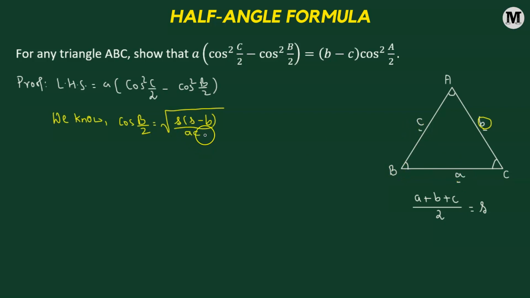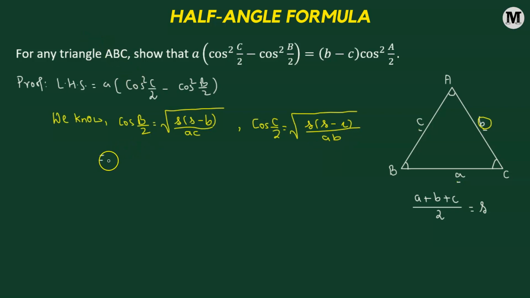Now we have division by the product ac. Similarly, we can define the cosine of angle C over 2. This is going to be given by the square root of s multiplied to s minus the side opposite to angle C, so that's simply c, divided by the product of the adjacent sides. So that's ab.